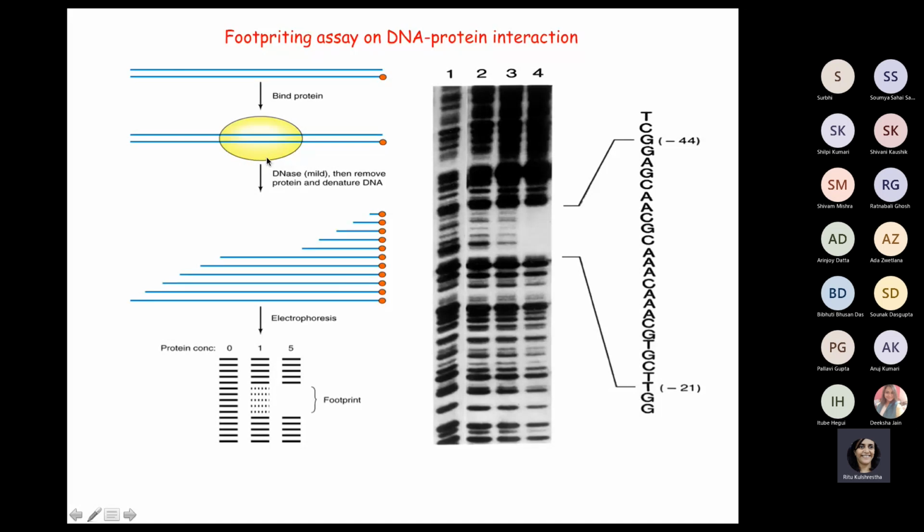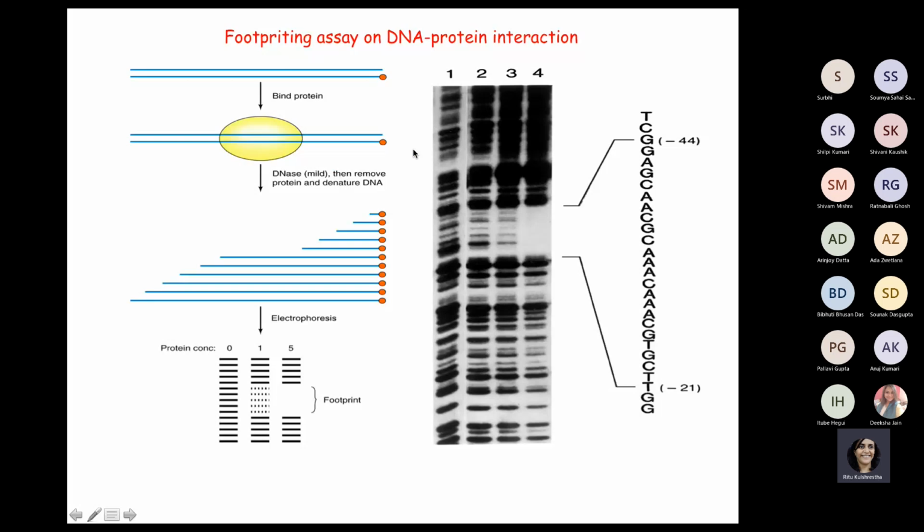Then you treat it with DNase, and you give a very mild treatment with the DNase, in such a way that it makes breaks at various places where it can. The point is that the region which is bound with the protein will not be digested by DNase, because it will be protected from digestion.